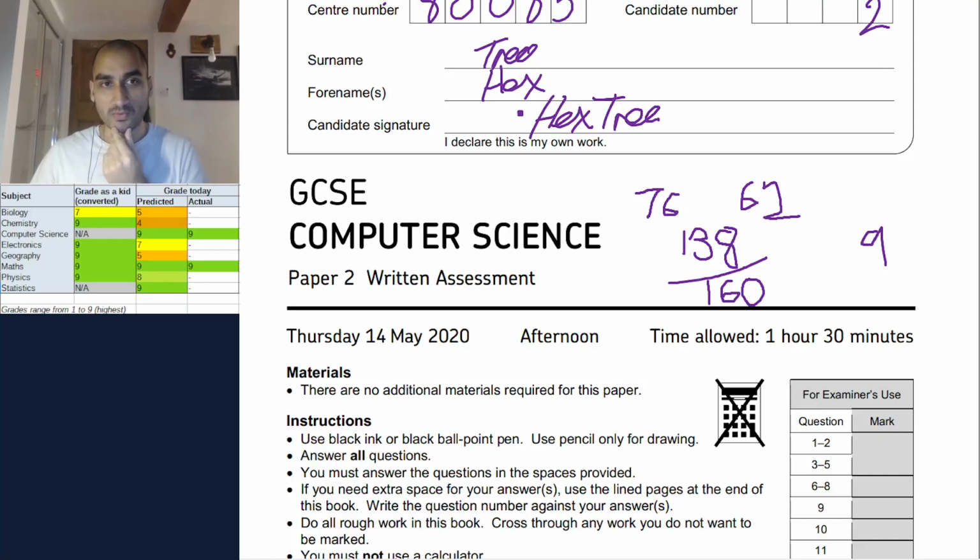I couldn't decide what to go with, but I went with 9 because I feel like if computer science was my postgraduate degree, then I should be aiming for 9. So I got it, but that was a close call. I didn't realize how much IT stuff I would need to do in this. Let me just write down 138 out of 160. Okay.